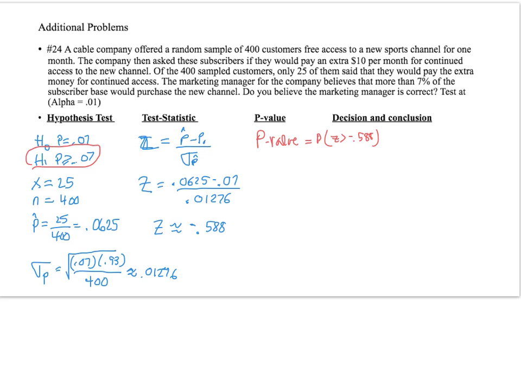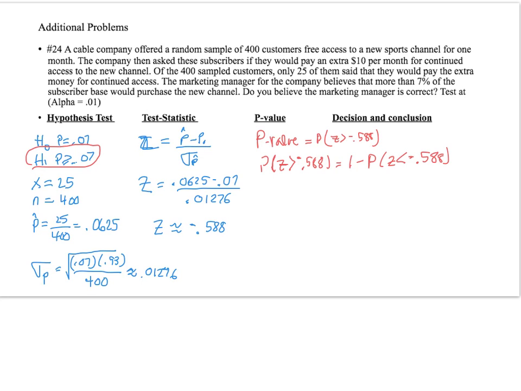So when we look up in the table, we only get the lower bound on the z table, so we have to find the p-value correctly. So the p-value at z greater than negative 0.588 is equal to 1 minus the probability that z is less than negative 0.588.